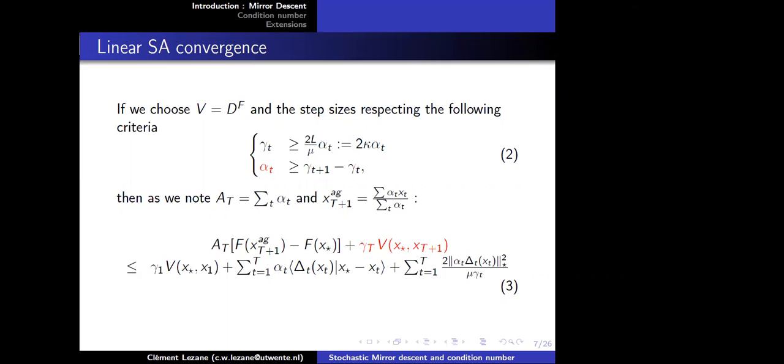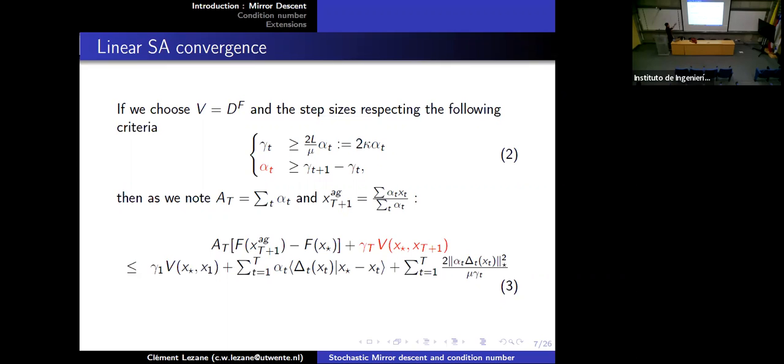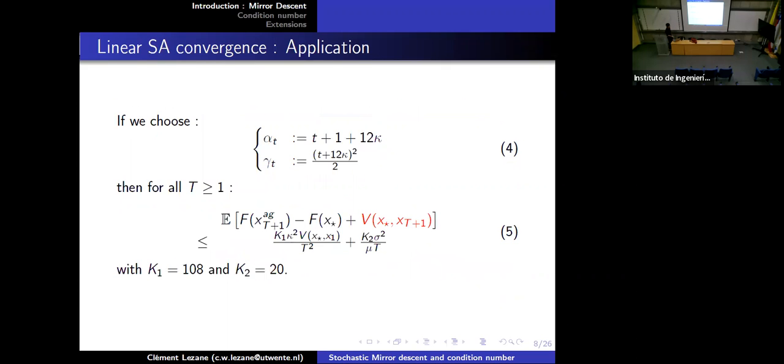Okay, so now we see some conditions to choose alpha t and gamma t. How can we do it in practice? Well, you have a lot of possibilities, and one of them is to consider alpha t to be linear, depending on kappa, and gamma t to be quadratic.